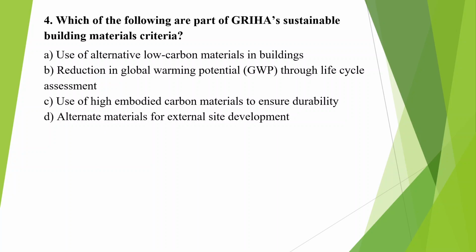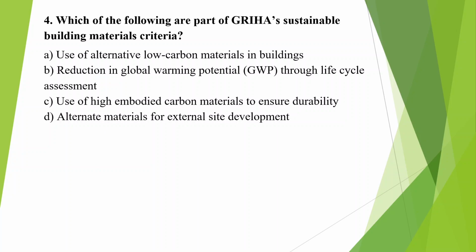From the option itself, you can see that use of high embodied materials to ensure durability is not at all part of Griha's material selection criteria, and the other options, A, B, D, are part of Griha's sustainable building material criteria. As you all know, Griha awards points for low carbon materials.